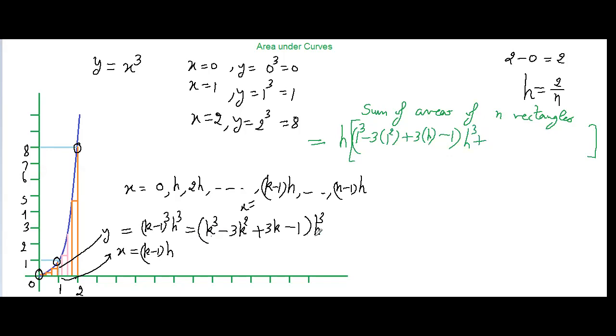Second term, that is the height of the second rectangle: 2 cube minus 3 times 2 square plus 3 times 2 minus 1, into h cube, plus and so on. Last term will be n cube minus 3n square plus 3n minus 1 into h cube.